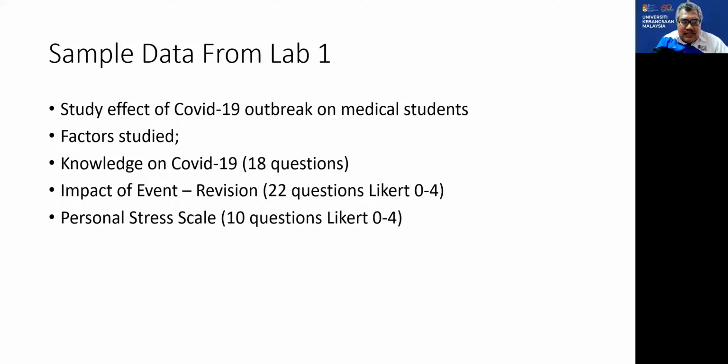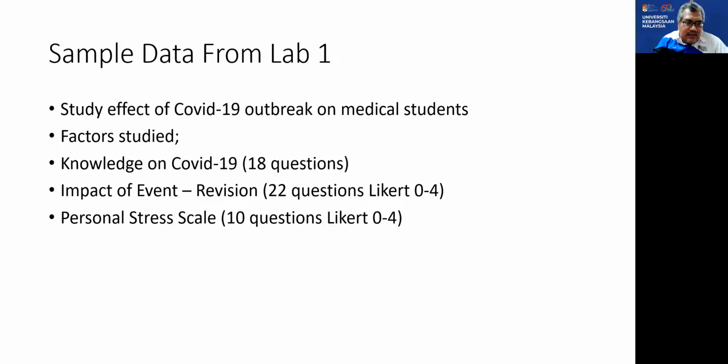They wanted to see whether there's any mental effect of COVID on the medical students. The factors they studied was the knowledge of the students about COVID-19. For that, they have 18 questions. Then they covered the impact of event revision. There are 22 questions, using Likert scale 0 to 4.